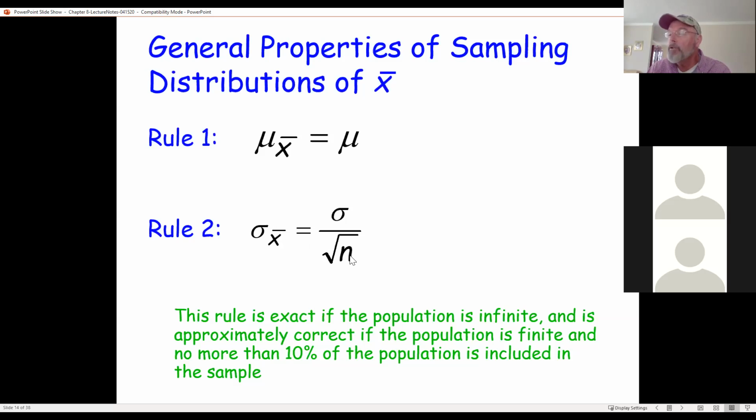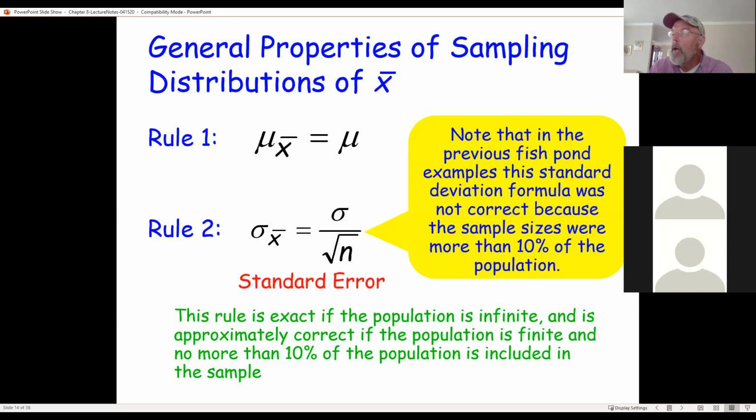As this gets larger, this is going to get smaller. Questions about that? And we can call this equation, sigma over the square root of the sample size, the standard error.